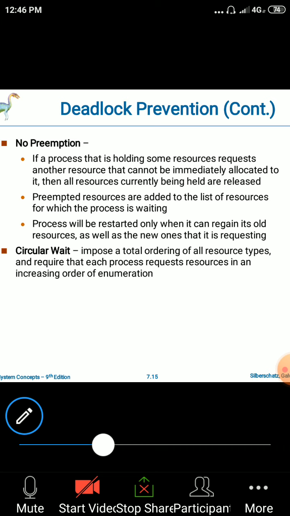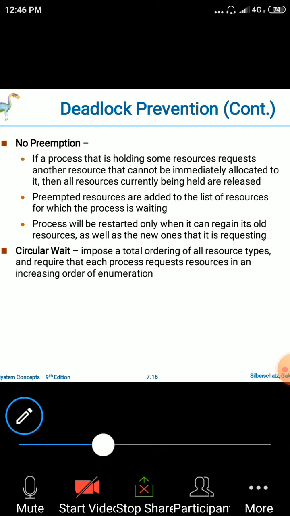Only if requests are in increasing order are the resources allocated. Suppose at the first place itself P1 requests the printer, with integer number 3; then it can never request the CPU until it completes its execution, because it is not in increasing order. If we follow this method, we can avoid the deadlock.